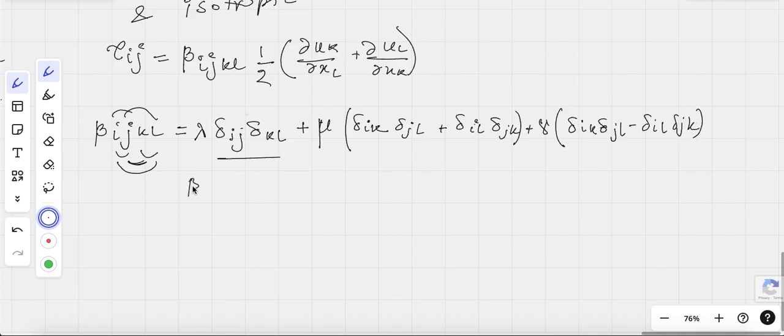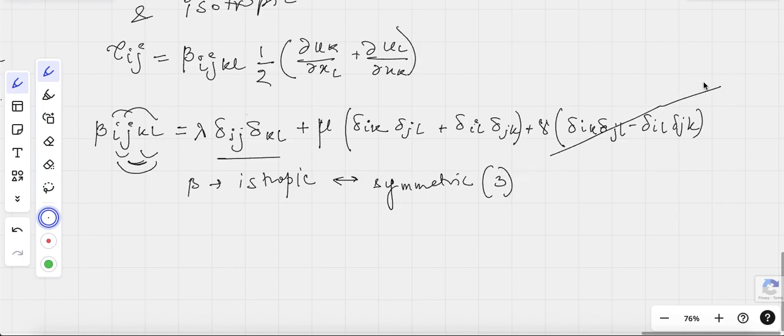Now beta will not only be isotropic but will also be symmetric. From assumption 3, this portion will disappear, right?